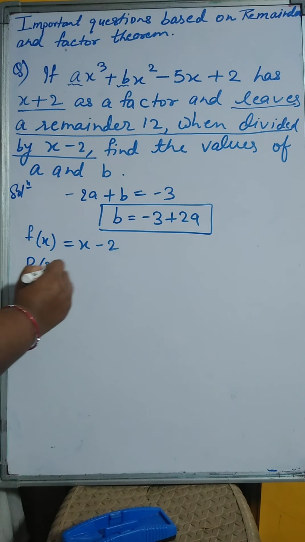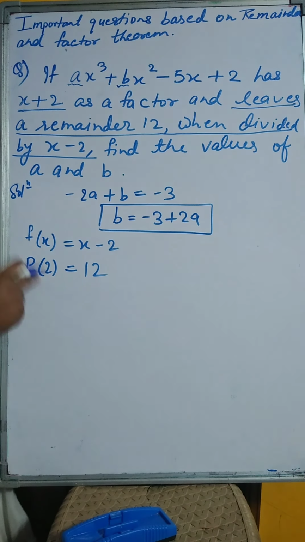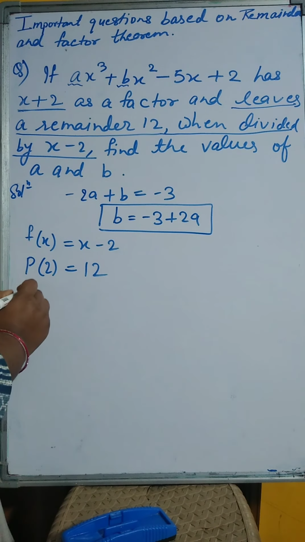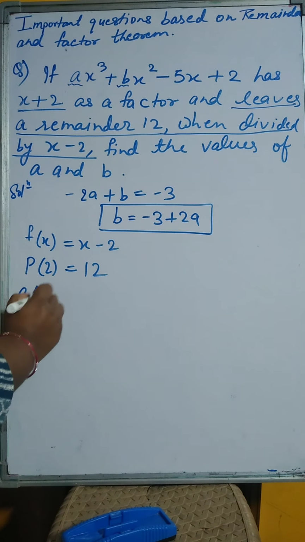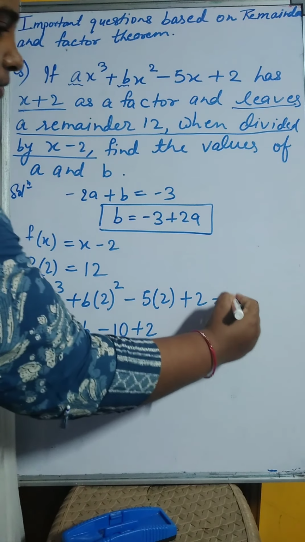So p of 2 must be 12. Let us calculate p of 2. It is a times 2 cube plus b times 2 square minus 5 times 2 plus 2. Let us calculate. It is 8a plus 4b minus 10 plus 2 is equal to 12.